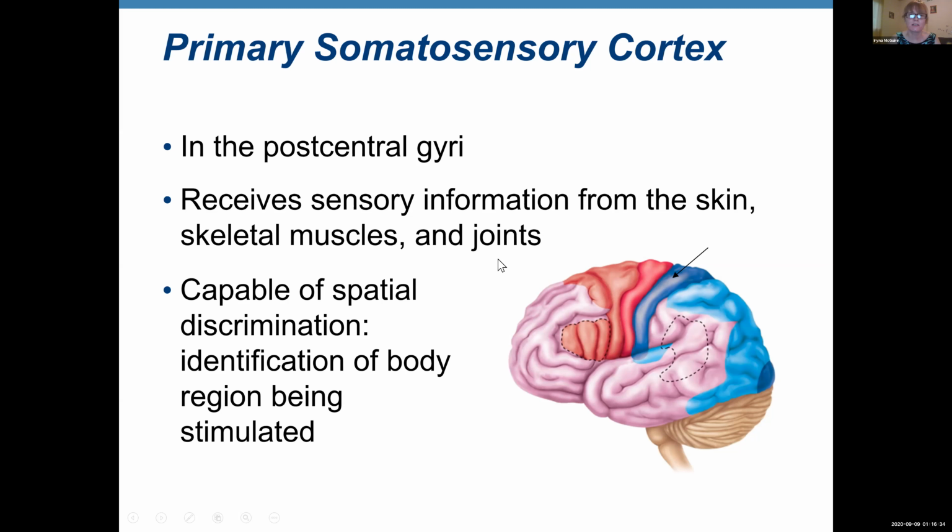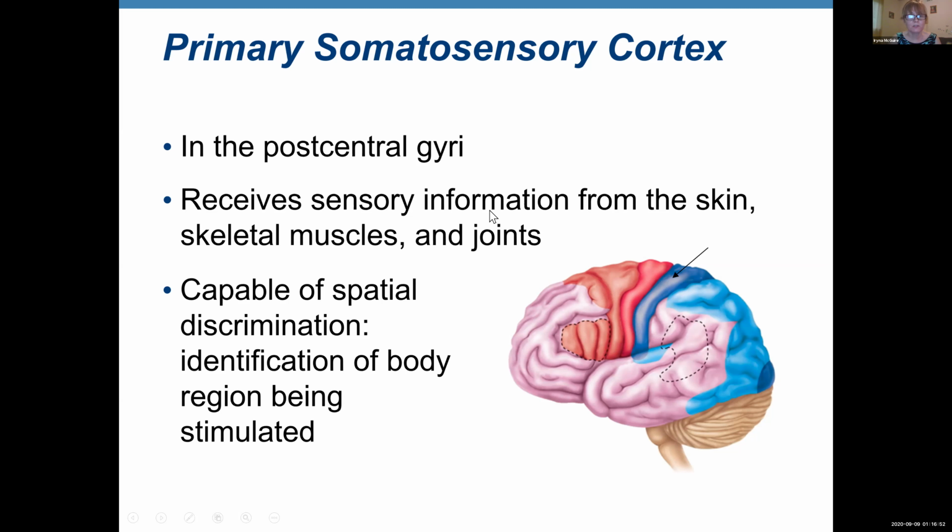That's called proprioception as well, right? So that's the information that comes from your skeletal muscle and joints, and from skin I already told you: pressure, touch, temperature, texture of the object that you're touching, right?